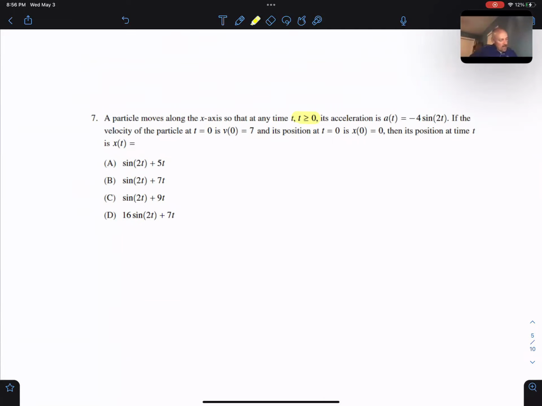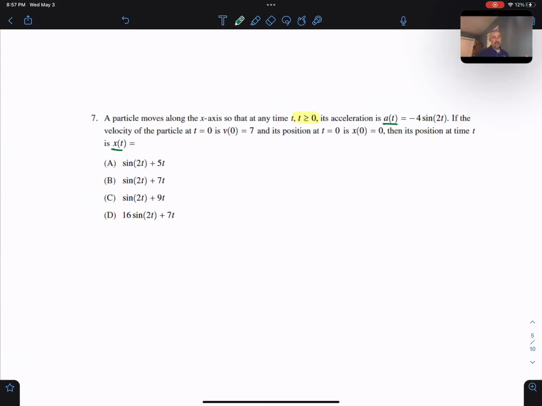If the velocity of the particle at t equals 0 is v of 0 equals 7, and its position at t equals 0 is x of 0 equals 0, then its position at time t is x of t equals. Okay, and that's what we've got to figure out. Well, you can kind of think of it like this. We're given the acceleration function, and we've got to get to the position function. So what are we going to have to do?